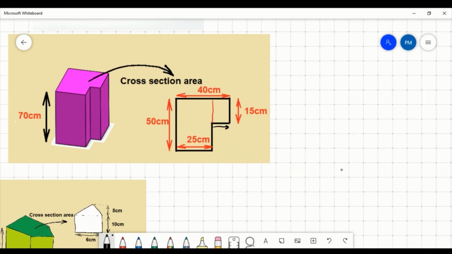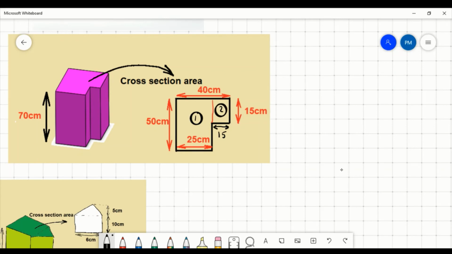Is there any way we can work it out? Well, we can see that this is 25 across. This is an overall of 40. So 40 minus 25 will give us this little distance here, which is 15. So you can see 15 plus 25 is equal to 40, the total length. So area 1 and area 2.